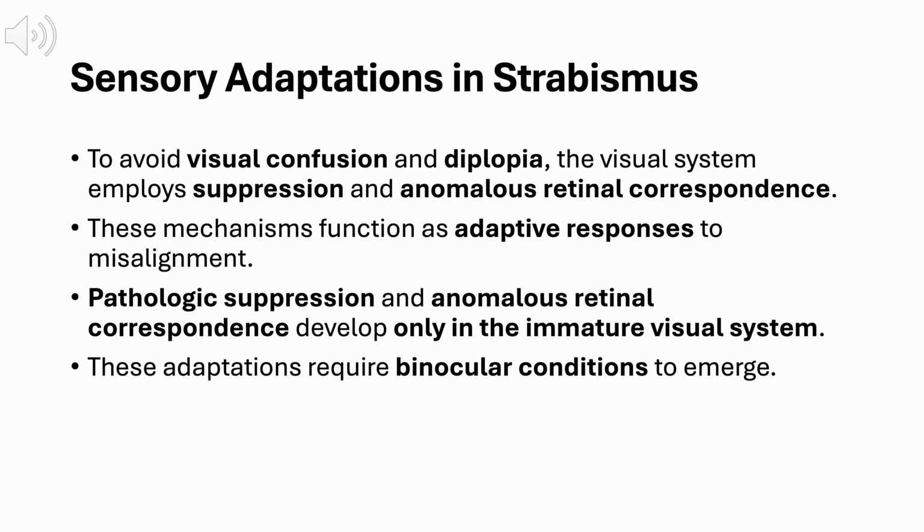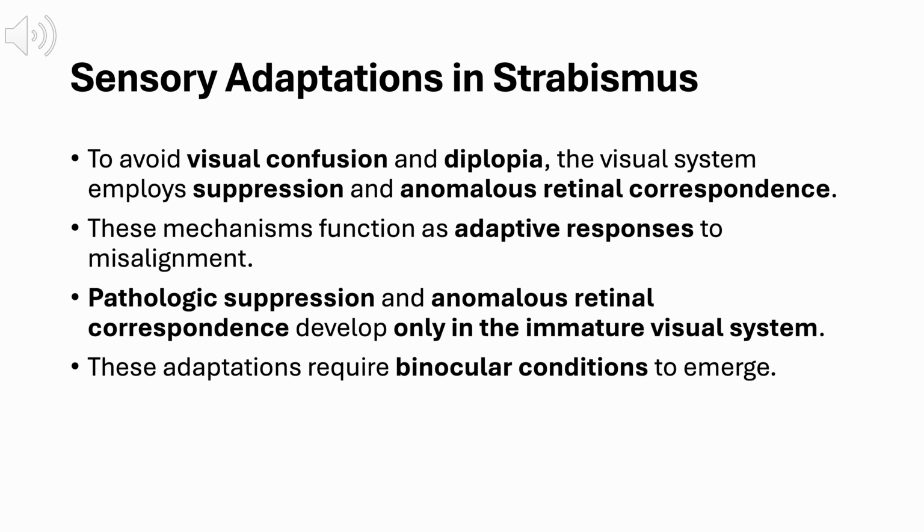This slide highlights how the developing visual system protects itself in strabismus. To avoid constant diplopia and visual confusion, the immature visual system adapts by using suppression and anomalous retinal correspondence. These mechanisms reduce discomfort by either ignoring input from one eye or redefining which retinal points are treated as matching.